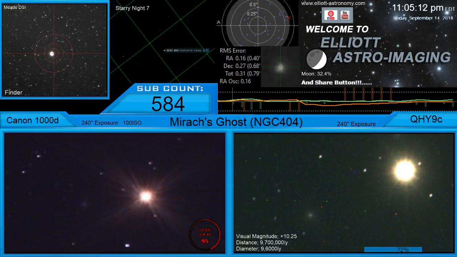Now, the way the backgrounds on each of these cameras work, the camera on the left is running in tungsten. That's the actual setting for it. And then the camera on the right, I have the Orion Skyglow filter. But soon, I'm hoping I'll be able to replace the Canon camera and get the monochrome camera.